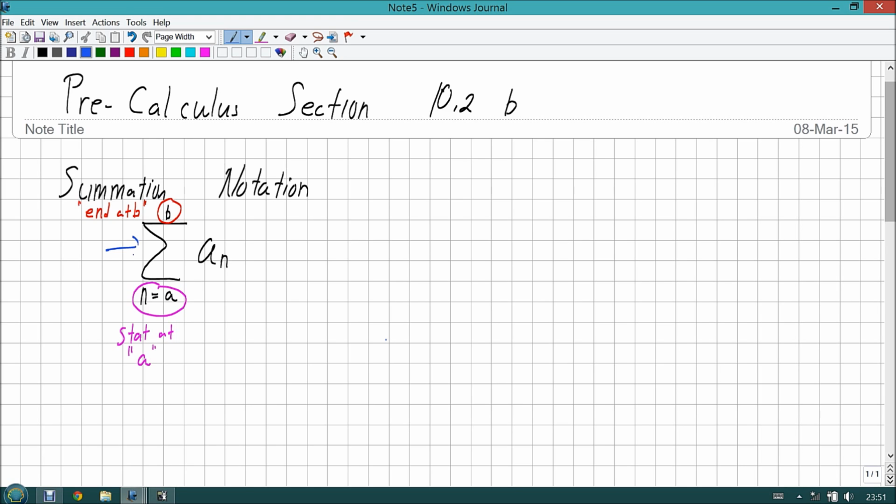The sigma portion of it means add it all up, and the a sub n portion is usually an equation that creates a sequence.